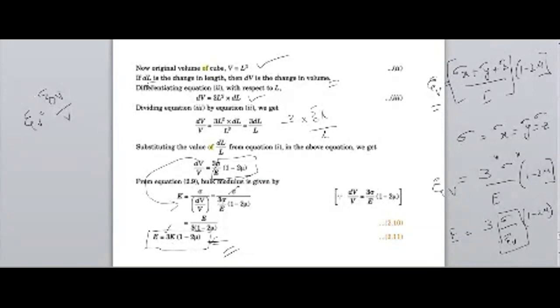It is three-dimensional, so we need to have 3, 2 and 1 numerical values in my equation. 3, 2, 1 need to be there in my equation. Therefore, 3 in front of K and 1 minus 2 mu is the relation we need to learn by heart here.